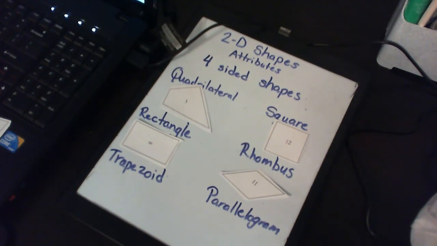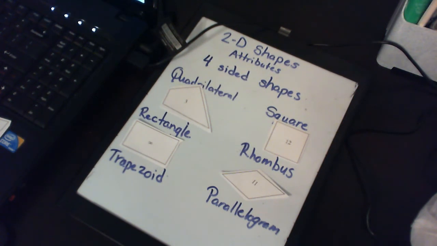Now, the word trapezoid I know you've seen for a while because I taught it in first grade. A trapezoid has four sides, four angles. But there are no congruent angles on a trapezoid. There are no right angles on a trapezoid.